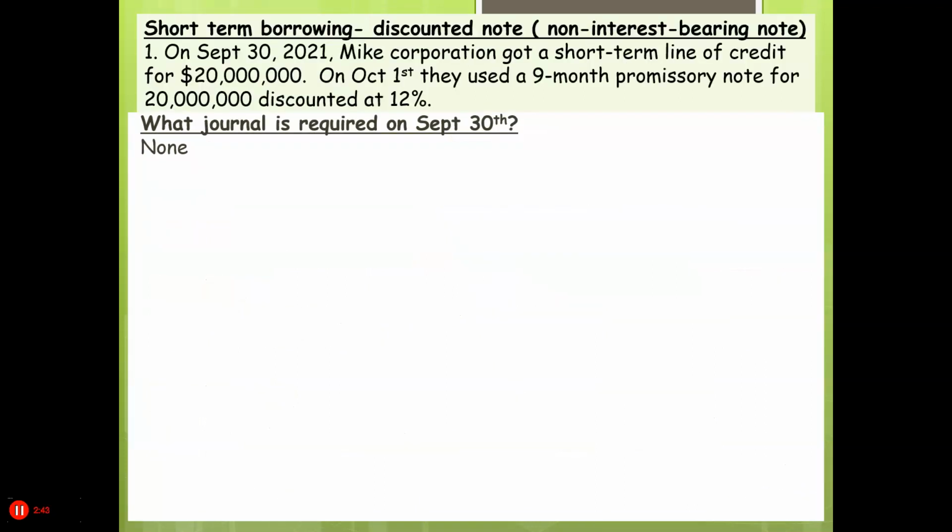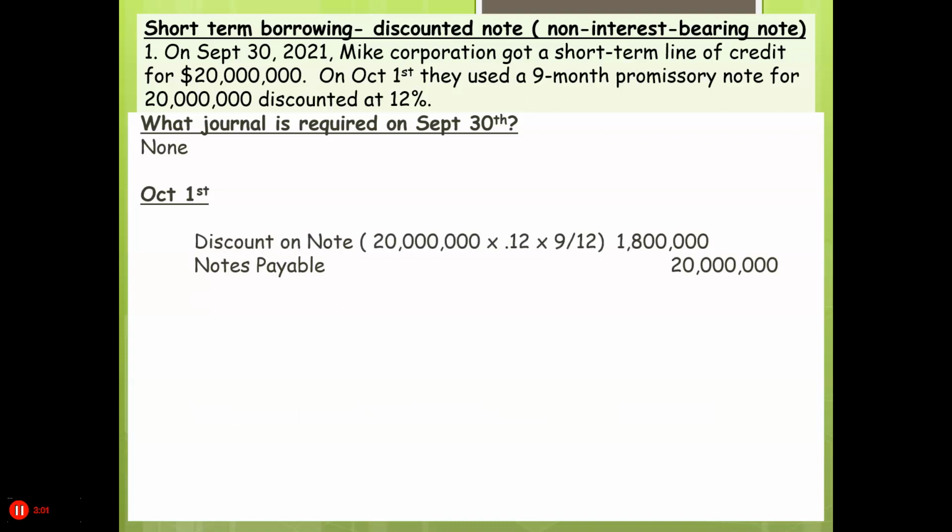Now, what happens if instead you pay the interest up front? This is called a discounted or non-interest bearing note. On September 30th, again, we don't do anything when we get the line of credit, but when we actually book the notes payable, it's going to be the face of the note. The discounted note is going to be the face of the note times the interest times the number of months, and that's the discount on notes payable.